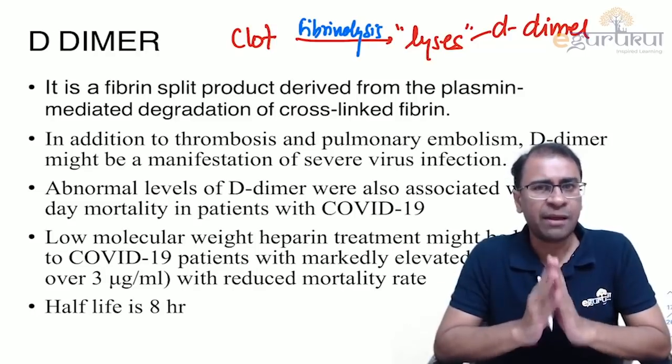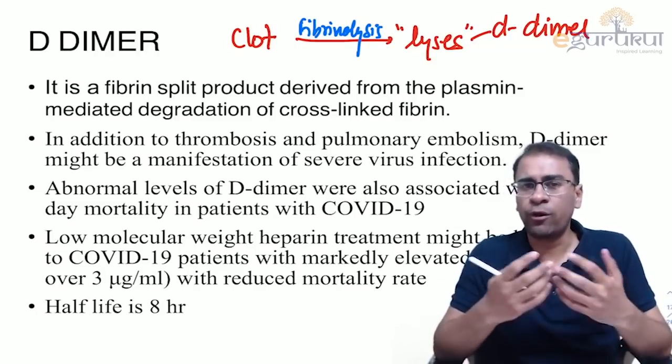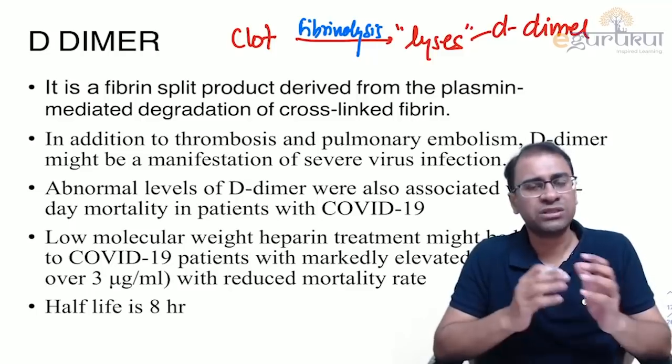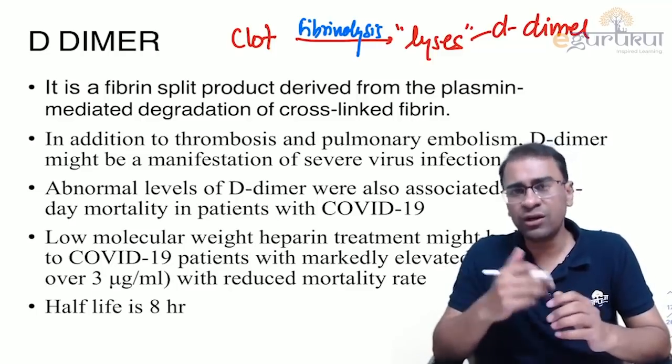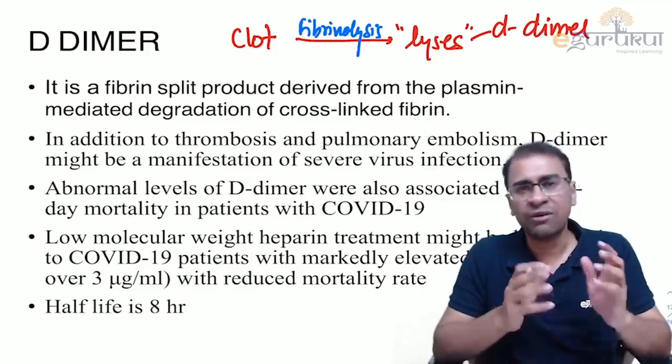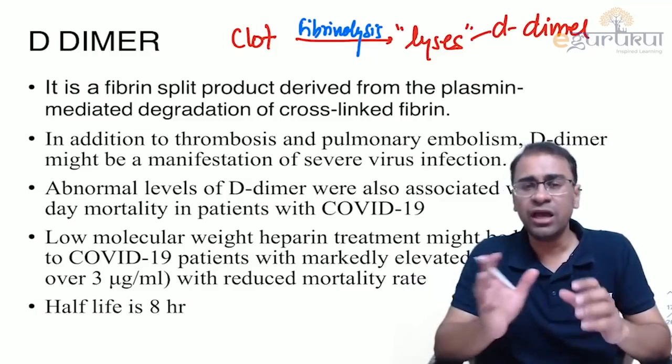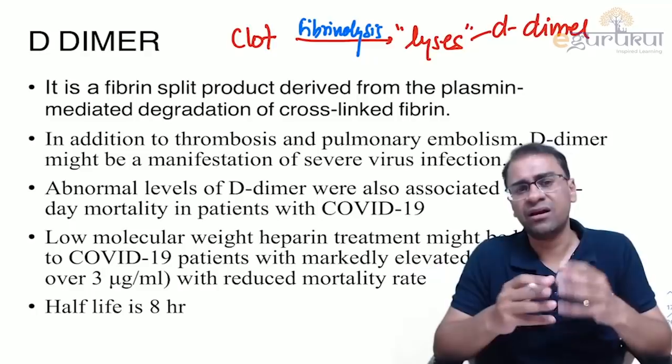So don't take D-dimer as a way to decide when to stop the anticoagulants. You start anticoagulants when the value is more than 1000, okay? You will see the units in labs differ.